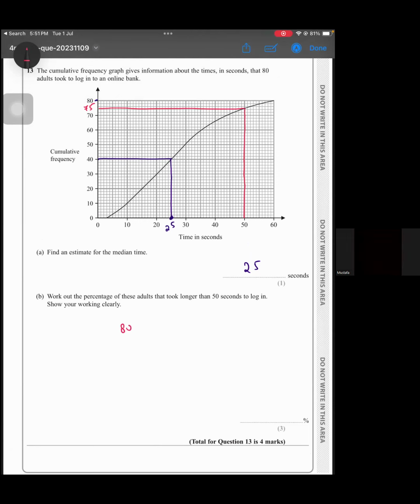So it will be 80 minus 75, which is equal to 5. And then you do 5 over 80, because they ask you about the percentage and the old value is 80, and times 100 will give you the answer, which is equal to 6.25.